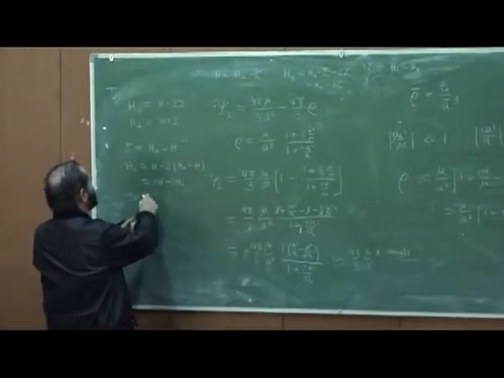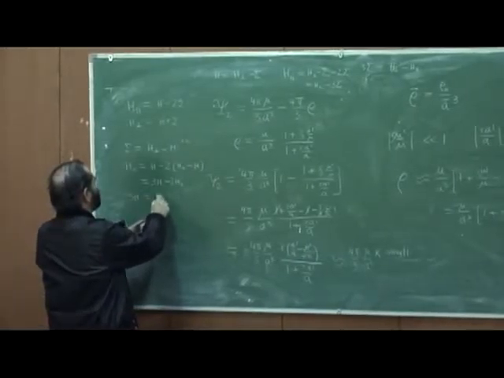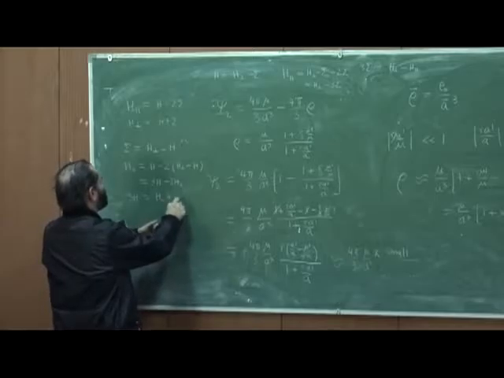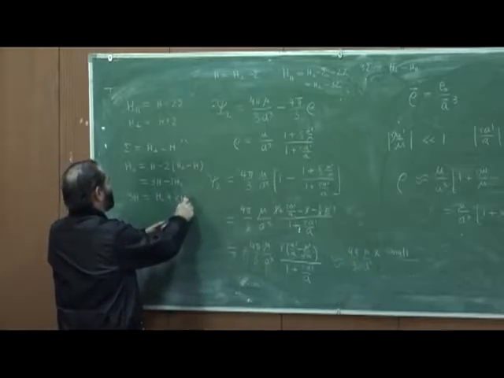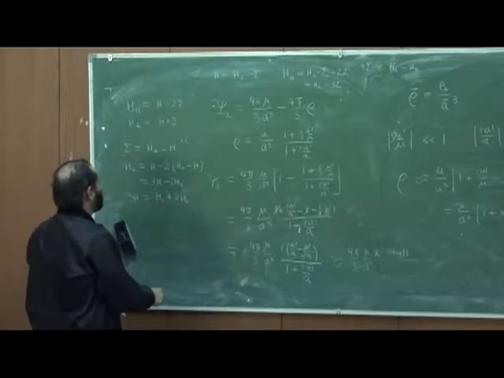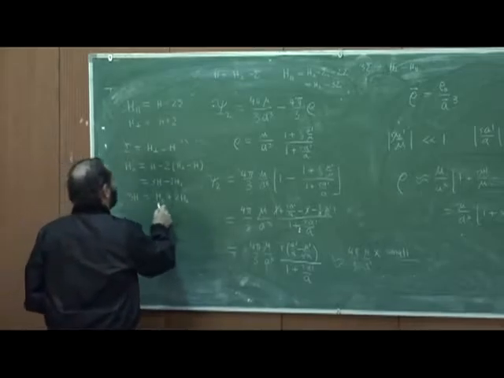So 3H will be H parallel plus 2H perpendicular. That's H, and then you divide by 3.